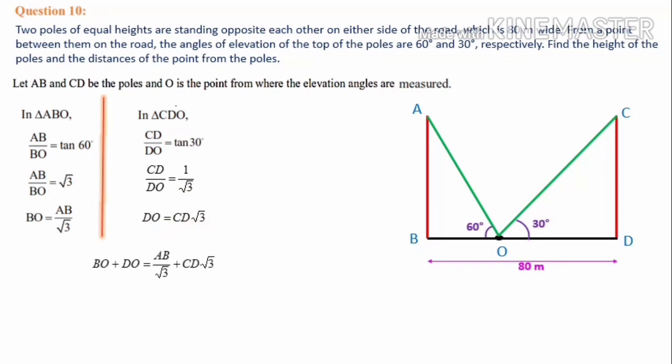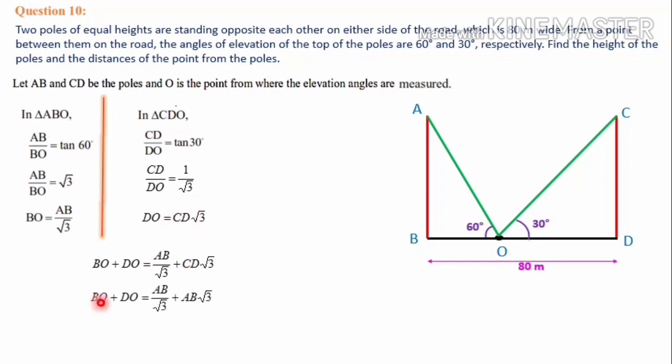Then we can add BO and DO because BO and DO together we are having 80 meter. So BO plus DO is equal to, let's substitute, BO value that is AB by root 3, DO value is CD root 3, as mentioned here.